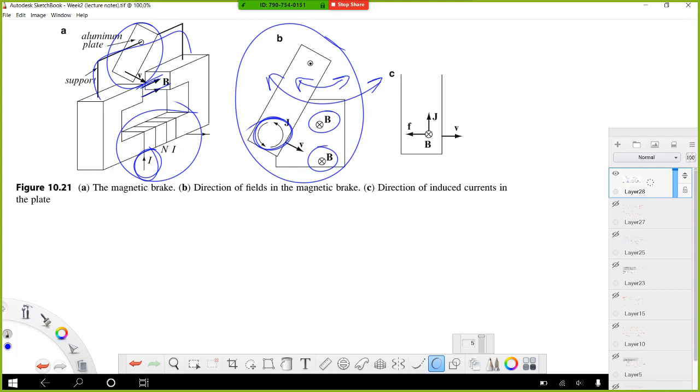So now let's see some theory of this situation.